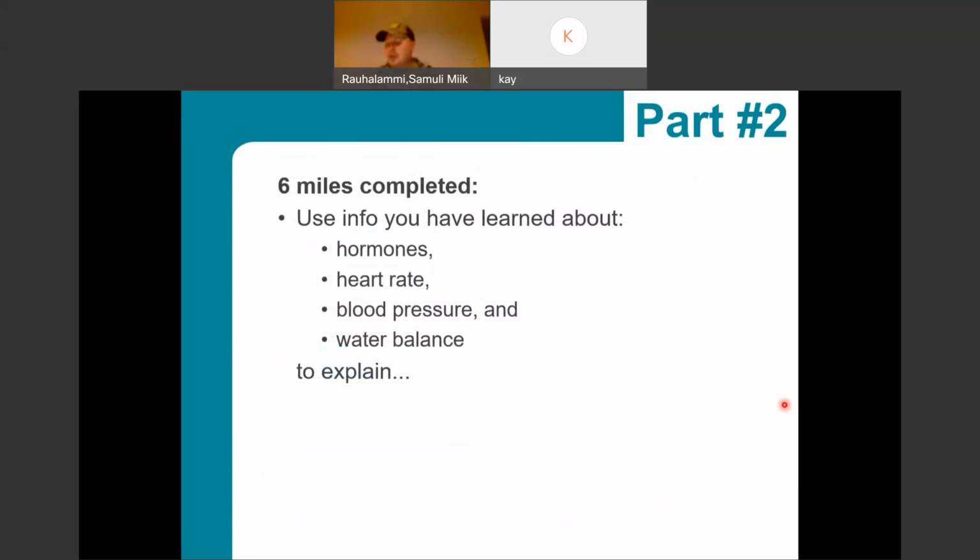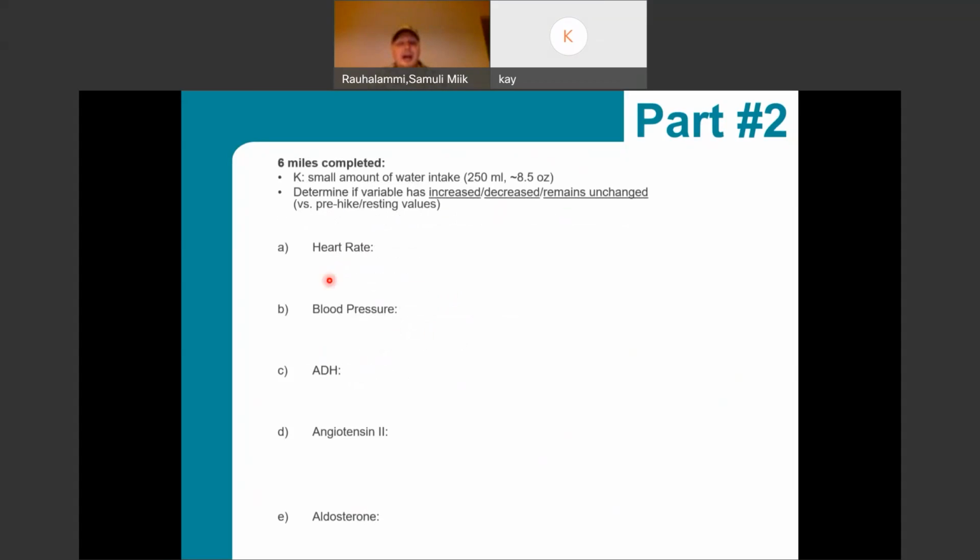And we're going to be looking at what happens to these various values in their body. These values have been listed in your handout as A, B, C, D, and E. So we're looking at the heart rate, blood pressure, ADH hormone concentration, angiotensin 2, and aldosterone. You'll notice that angiotensin 2 and aldosterone go kind of hand in hand a lot of the time.